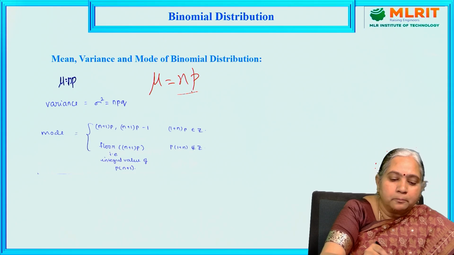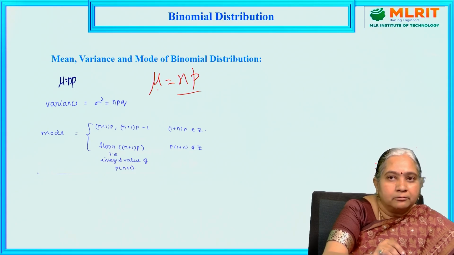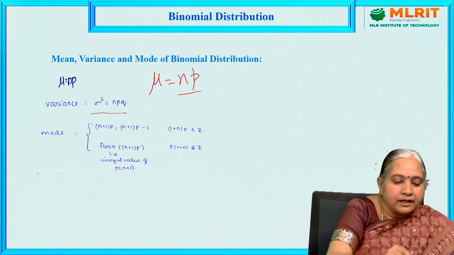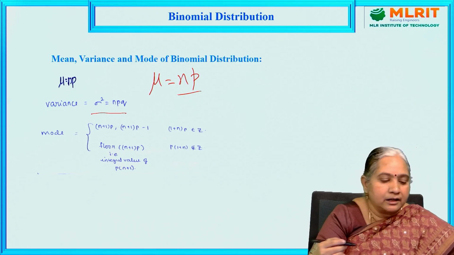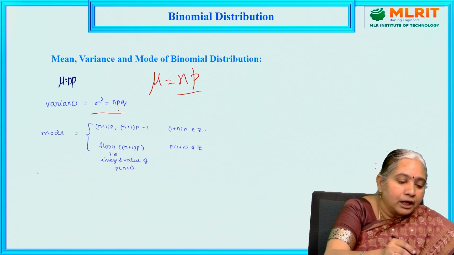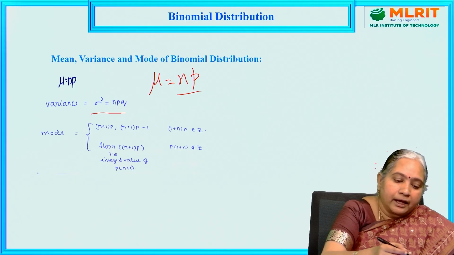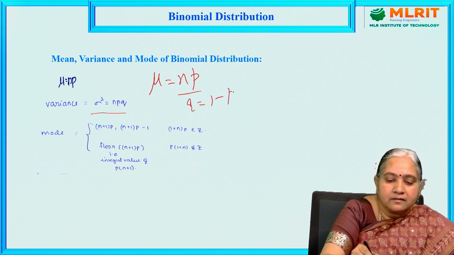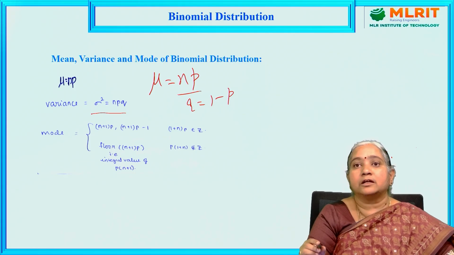So n into p is the mean of the binomial distribution. And variance is denoted by sigma square and it is defined as npq in binomial distribution. Again q equal to 1 minus p, since the total probability p plus q equal to 1.